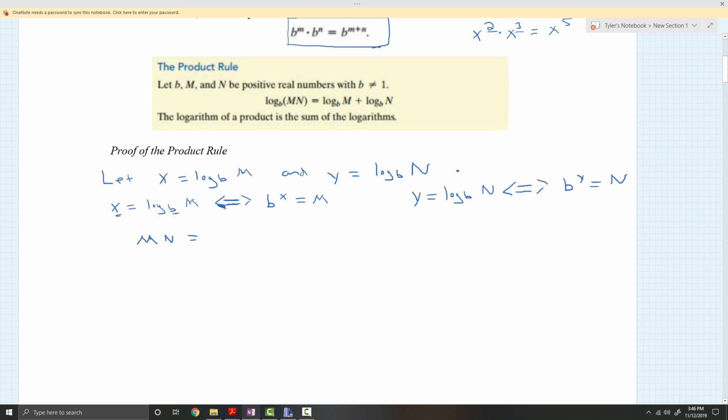So m times n is equal to b to the x times b to the y, just substituting those in. M is b to the x and n is b to the y. Now that I have two things being multiplied together with the same base, I can use that exponent rule that we just reviewed, that this is going to be equal to b to the x plus y, the sum of the exponents.